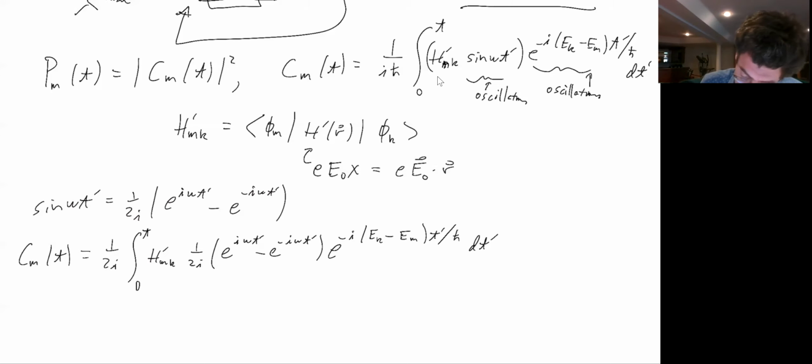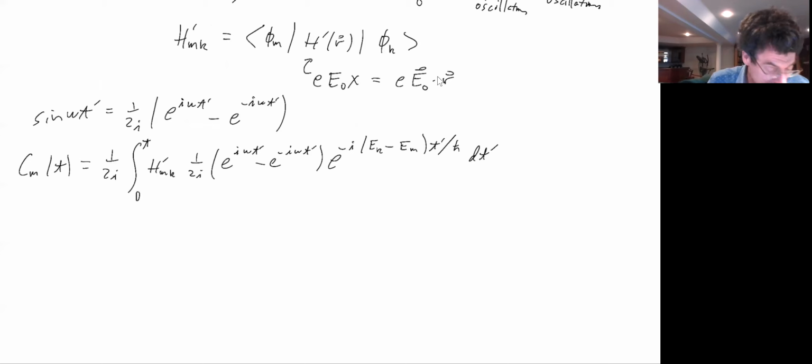And so now we just have to do this integral, and so we can then write this basically as two integrals. What I can do is first I can notice that this part comes out because it has no time dependence, and so I can write this as 1 over 2i.